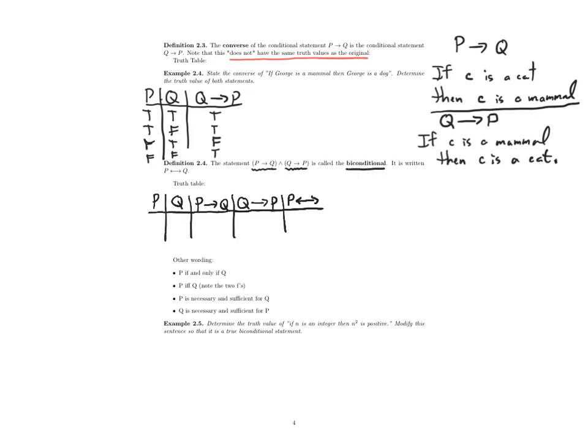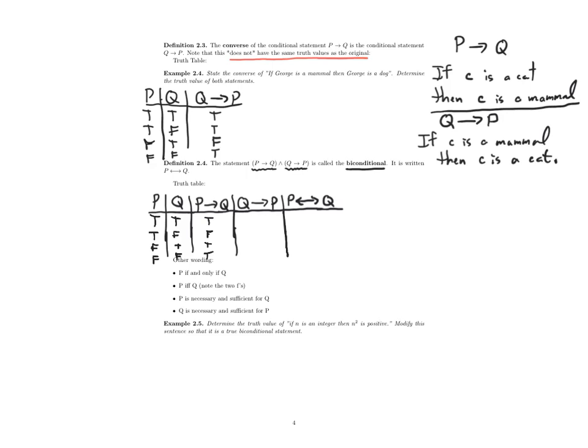And remember, this is just a shorthand to mean that P implies Q and Q implies P. So we'll have to use our rules for "and" here to determine the truth table. Again, let's write down all our situations. True, true, false, false, true, false, true, false. And then P implies Q is false exactly when the if part is true and the then part is false. So that's then.